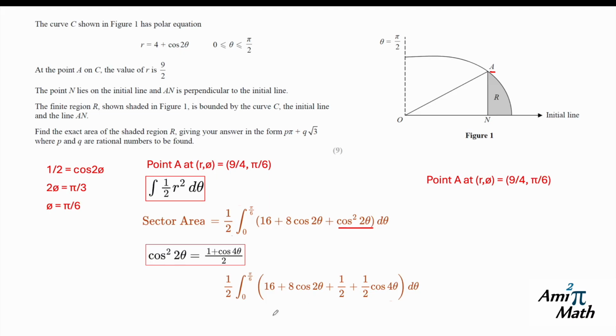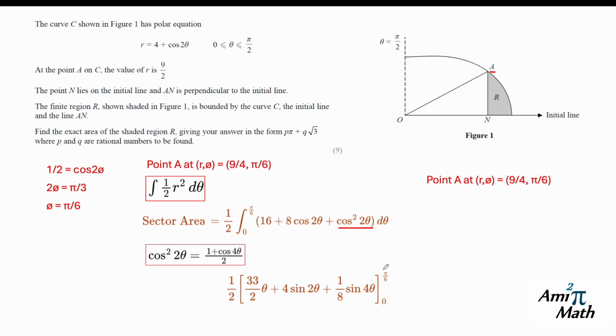And now we have 16 plus 8 cos 2 theta plus half cos 4 theta, and we can rearrange this, which will give 33 over 2. Now we need to integrate it. I'll skip this step, and this is what you're left with: 33 over 2 theta plus 4 sine 2 theta plus 1 over 8 sine 4 theta, and you've still got the half on the outside.